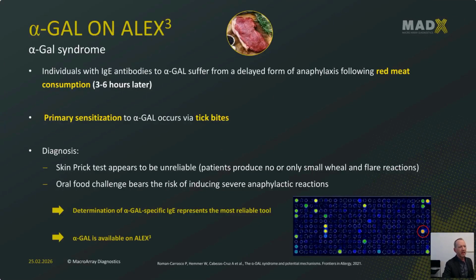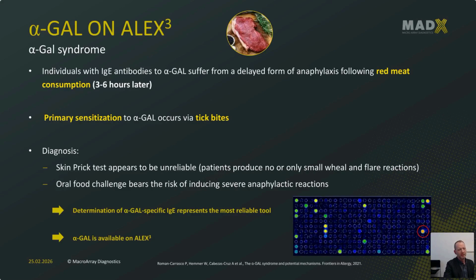Finally, we have alpha-gal. Alpha-gal syndrome is an acquired allergy that's characterized by a delayed onset following the consumption of red meat. Primary sensitization is thought to be due to tick bites, which introduce the alpha-gal carbohydrate into the bloodstream, and then you get production of IgE antibodies against that invading carbohydrate.